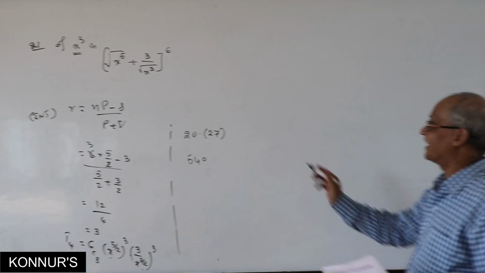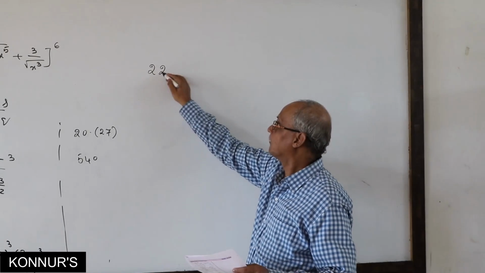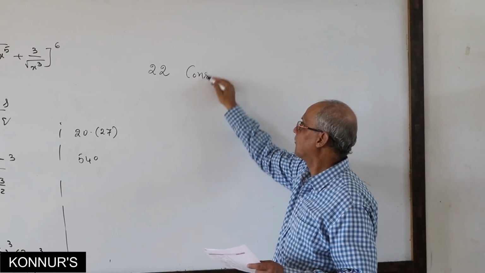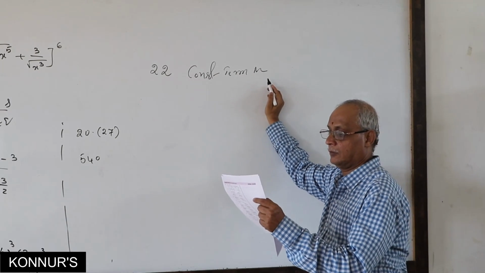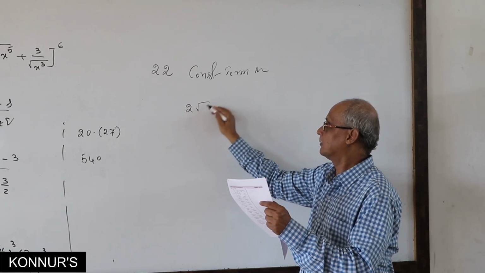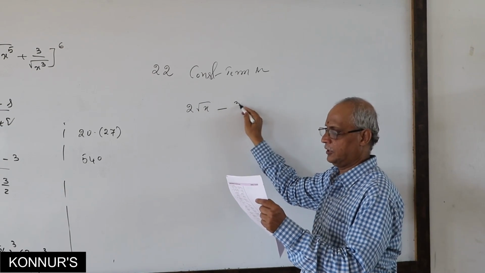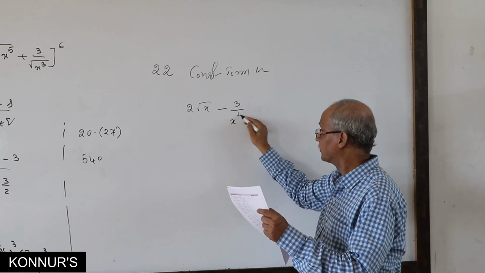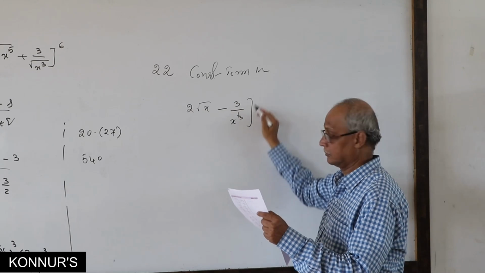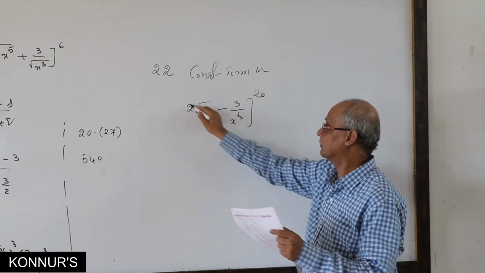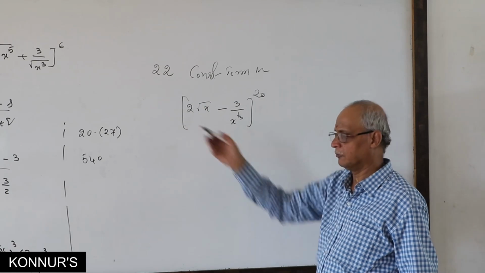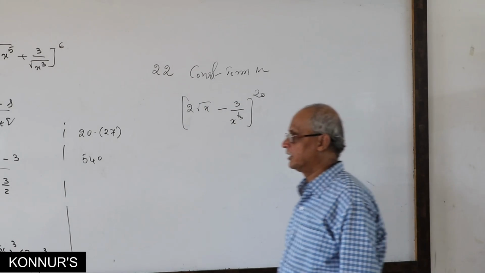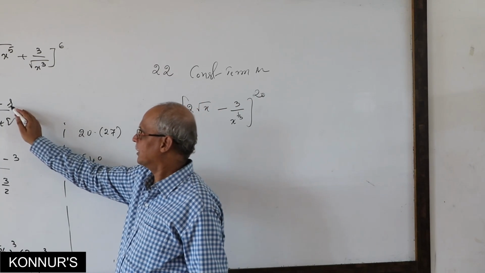Term independent of x means constant term in (2 root x minus 3 by x power 1 by 3 cube root x) whole power 20. Now you see, the formula is same, but for the constant term, what is s here?